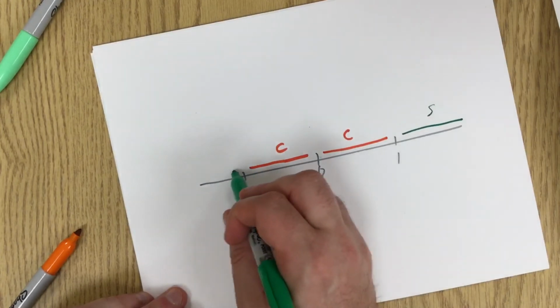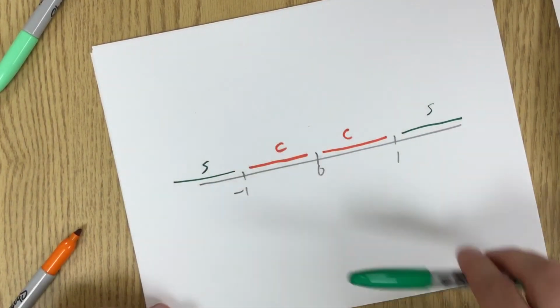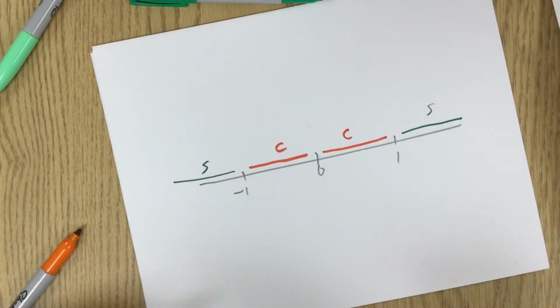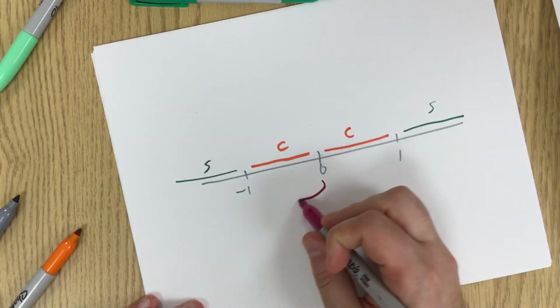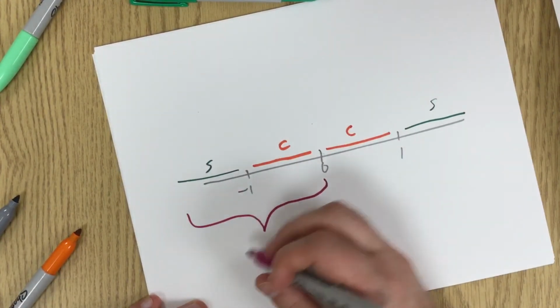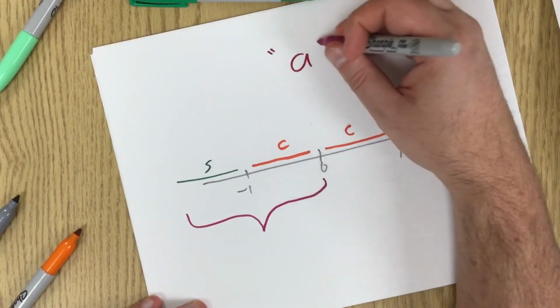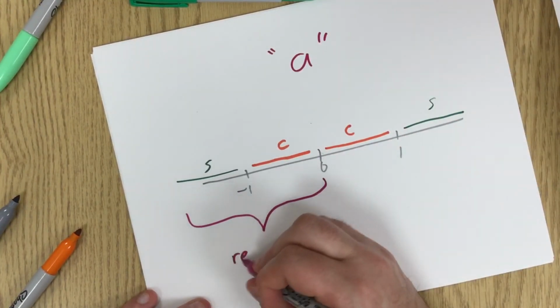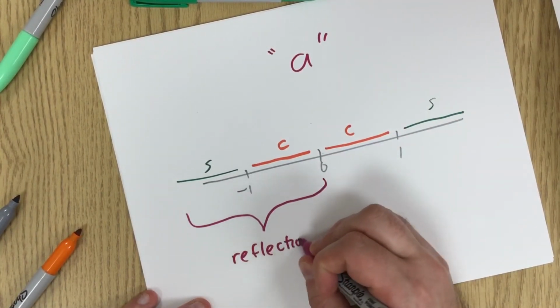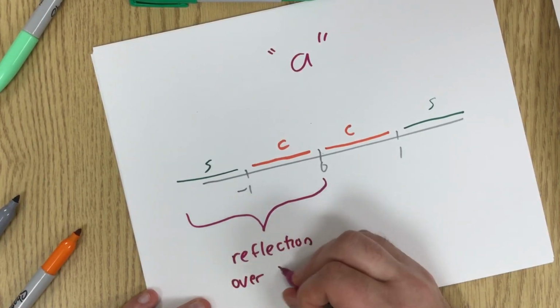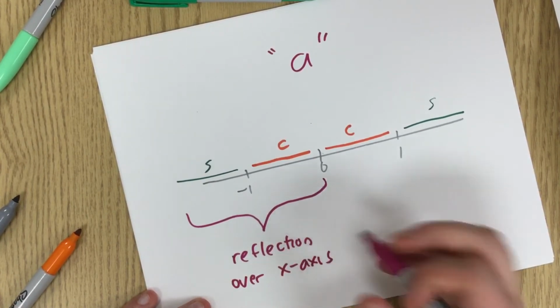And if it's anywhere in this zone over here, so this is for A, this is going to be a reflection over the x-axis. And that's what A does.